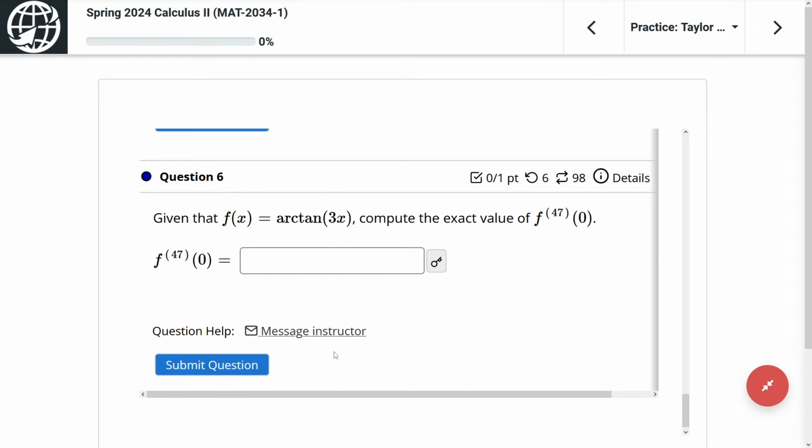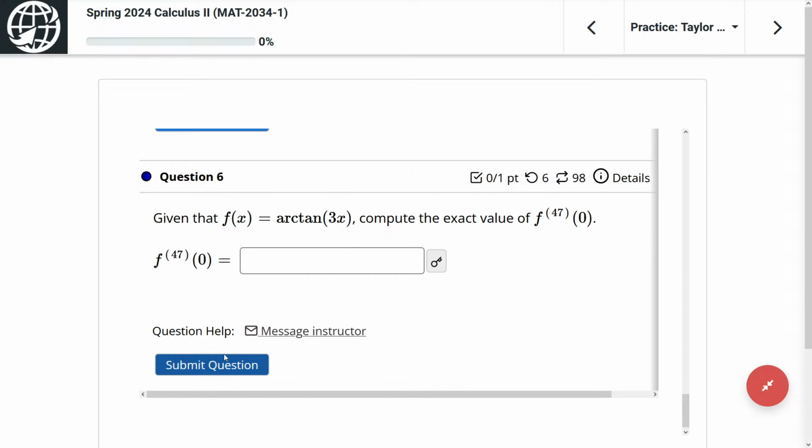And then, oh yeah, find the exact value of the 47th derivative. Okay, well, very nice. I'll do something similar, and then we'll be done. It's not bad. Here, I'll show you what I mean. Okay, so arctan of, let's do 5x, just to be different.